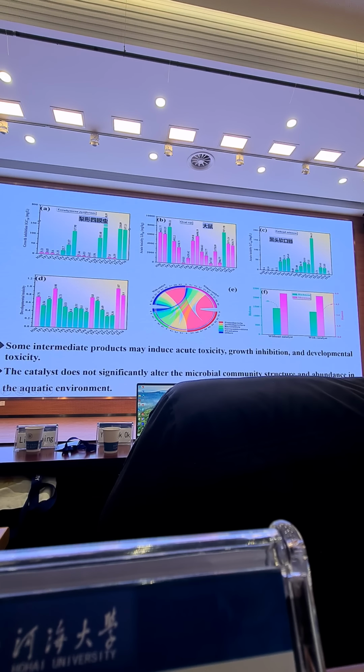So the catalyst does not significantly alter the microbial community structure and abundances in the aquatic environment. So that's also important that we want to maintain. Like I said, that's fundamental for watershed ecological restoration. You have to have the microbes, soil, plants, you need to maintain that.